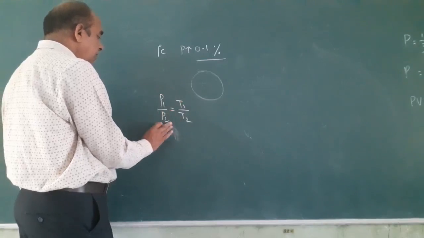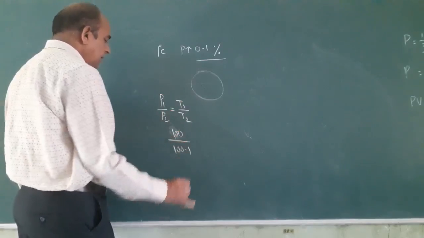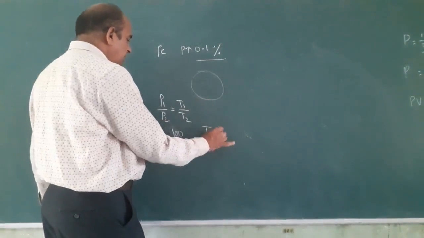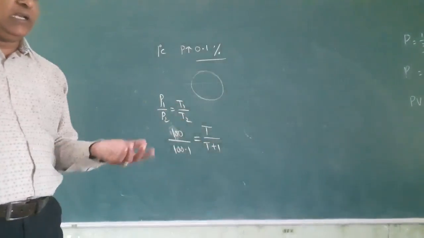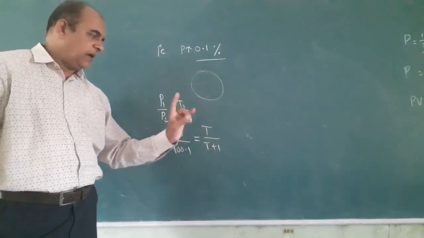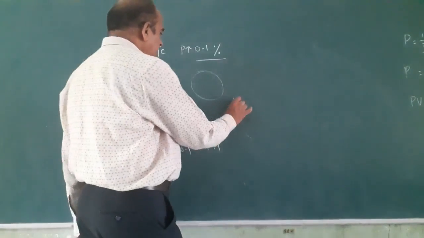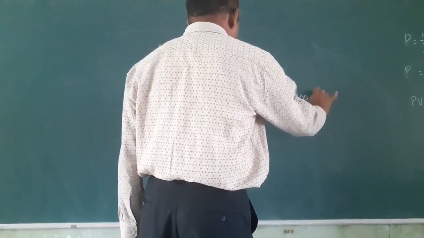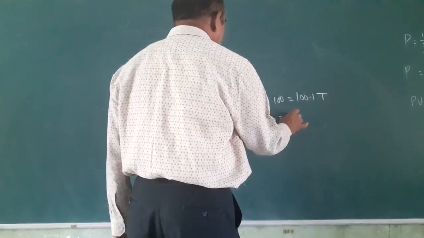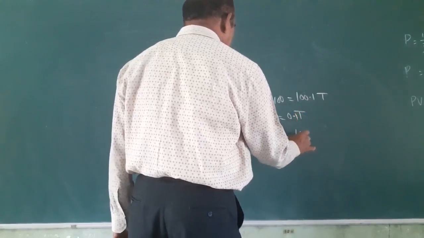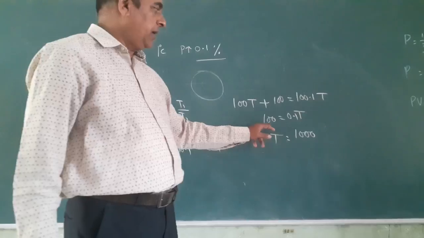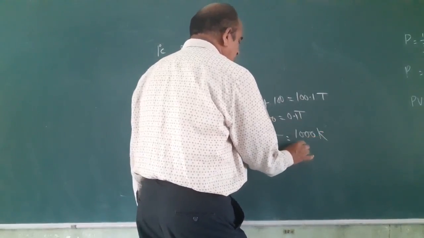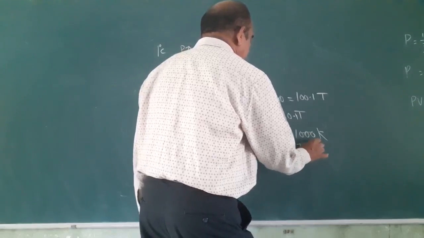Initial pressure is 100, final is 100.1, because for a percentage increase you take the initial value as 100. Let the initial temperature be T, and the final temperature is T plus 1, since 1 degree centigrade or 1 Kelvin is the same. Cross multiplying, 100 T plus 100 is equal to 100.1 T. Subtracting, 100 is equal to 0.1 T. Therefore, T is equal to 1000 Kelvin, or 1000 minus 273, 727 degrees centigrade.